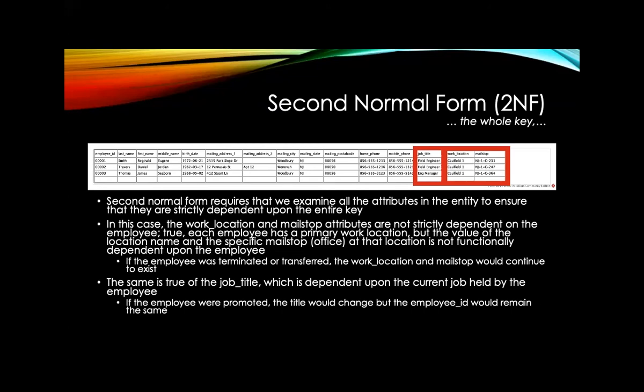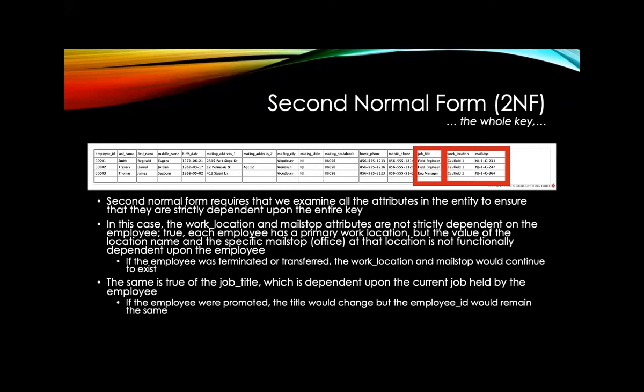People could work in the office, or you could change offices. So the office isn't specific to a single individual, but the mail stop exists in this building. If I move to a different building, I'm not taking the mail stop with me. So because the mail stop is dependent upon the work location, that's a different key dependency than the employee.